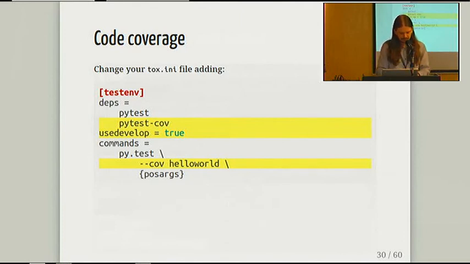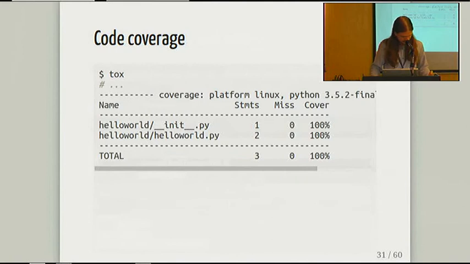To do that, just go to your tox.ini file, add a new dependency, this pytest-cov. We need to add this usedevelop true and add this new argument to the pytest. Again, run tox, and it will tell you the coverage of the test suite. We have 100% of coverage.